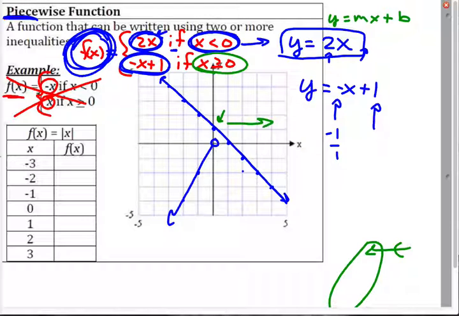Do I want the positive part of it or the negative part of it? Well, if I want x greater than or equal to 0, I want the positive part. So I'm going to take this piece. We'll get rid of this little part right there. It is greater than or equal to, so that's the closed-in end of the line. That's a piecewise function. Notice in this case, there's 2 pieces to my piecewise function, 2 little parts of each of those lines. Okay?